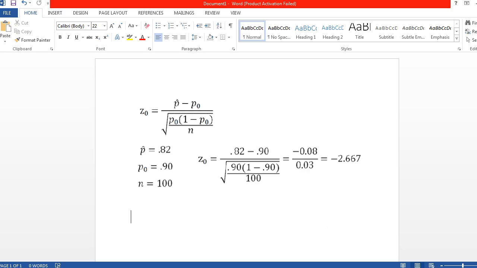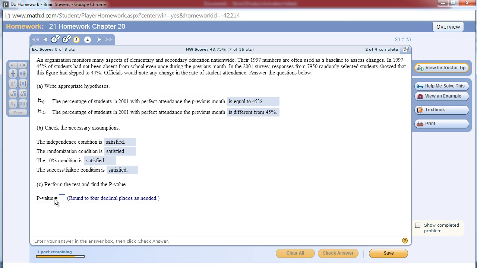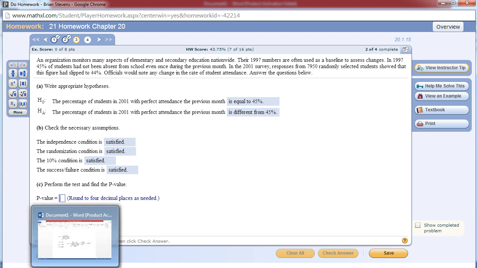So let's go ahead and enter this in and finish up this problem. So right here we want the p-value. The p-value for this test would have to be found via an applet or with your calculator. So you can go into the stat test button, under stat test punch in your null proportion, which was 0.45.